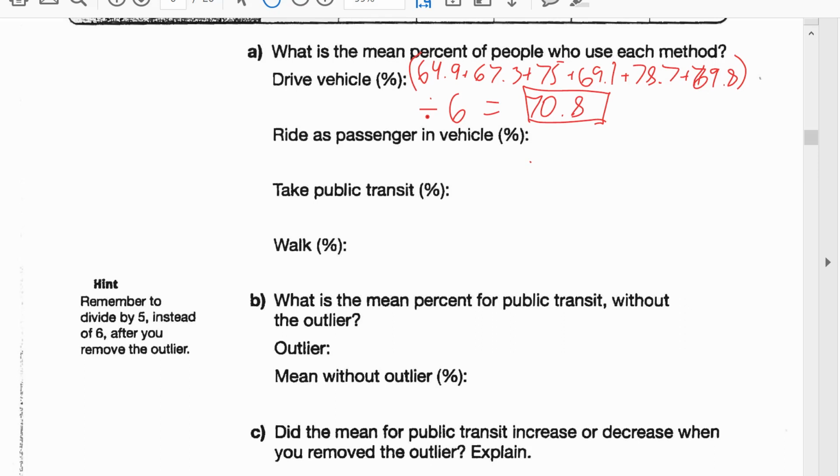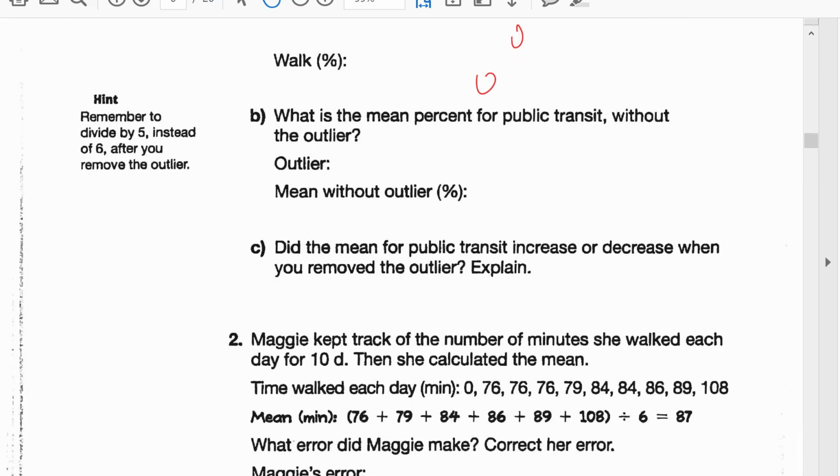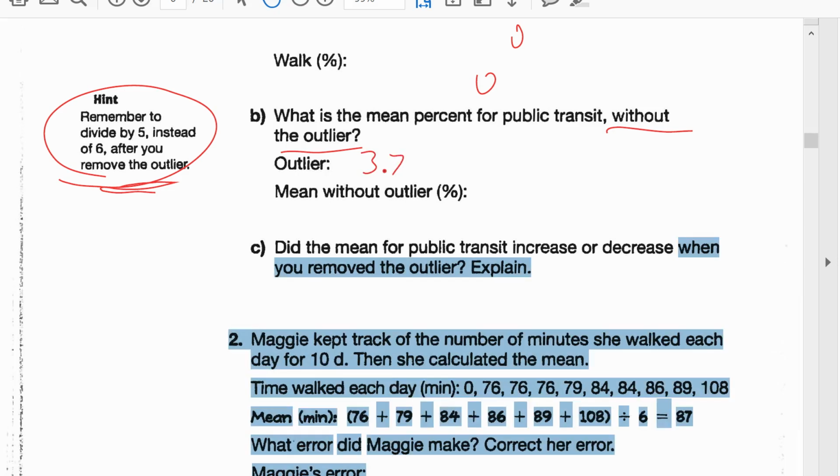Right here, and right here. Okay, what is the mean percent of public transport without the outlier? And remember to divide by 5 instead of 6 after you remove the outlier. Okay, so the outlier for public transport was Saskatoon at 3.7.